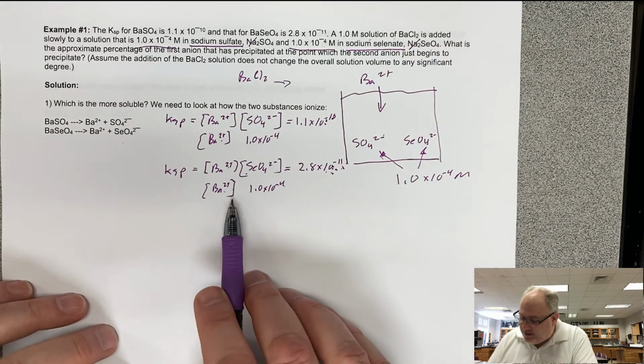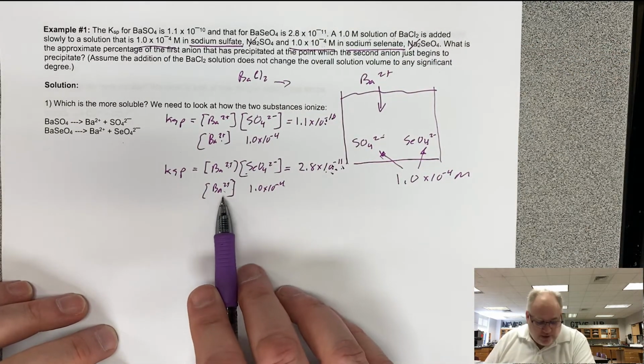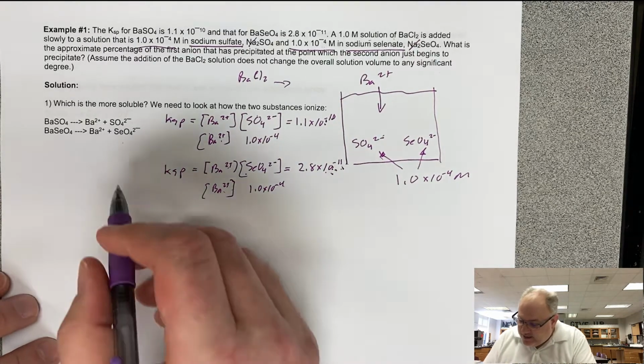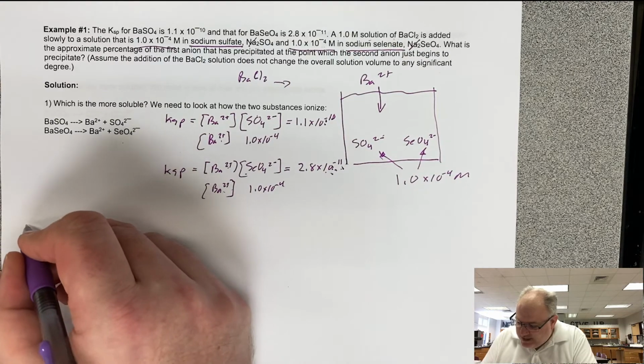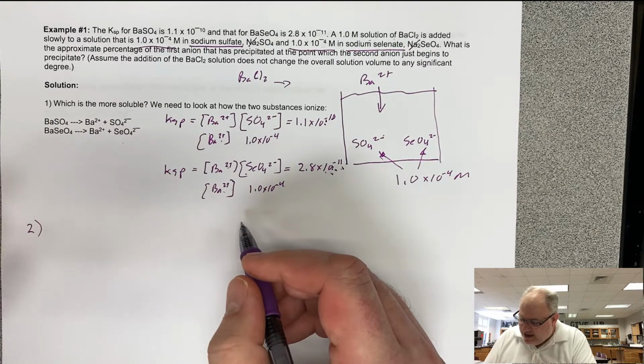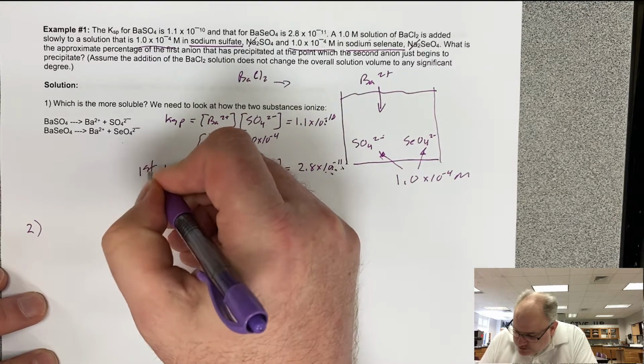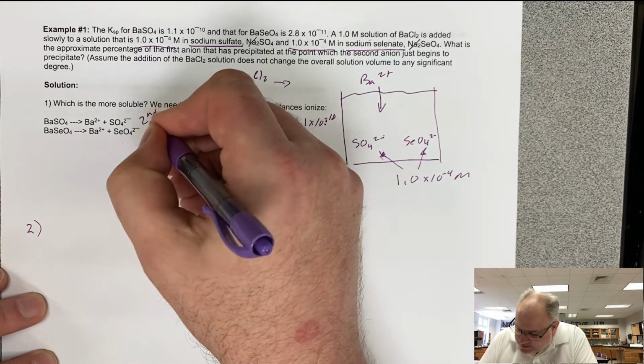I'm actually not going to plug in and solve for this, but you could, and it would tell you that the Ba2+ that we have here would be less. Now, the second part of the problem is they ask what percentage of the first thing is left when the second thing precipitates. Will you agree this is the first to precipitate, this is the second to precipitate?